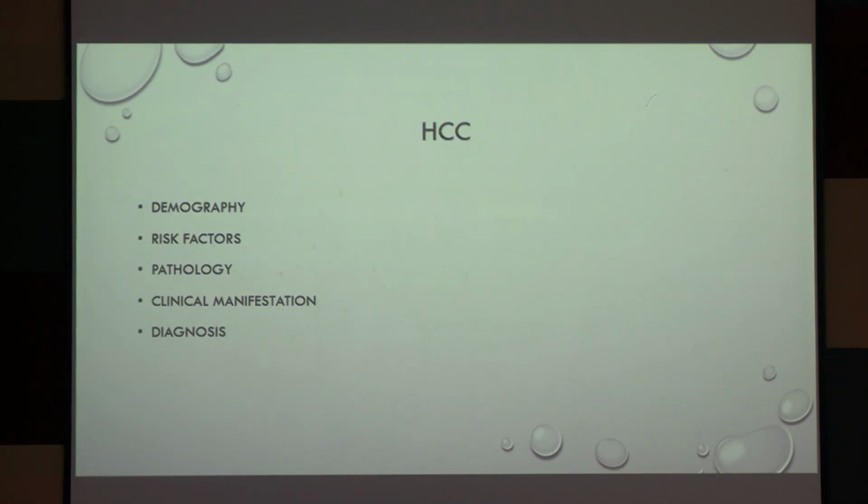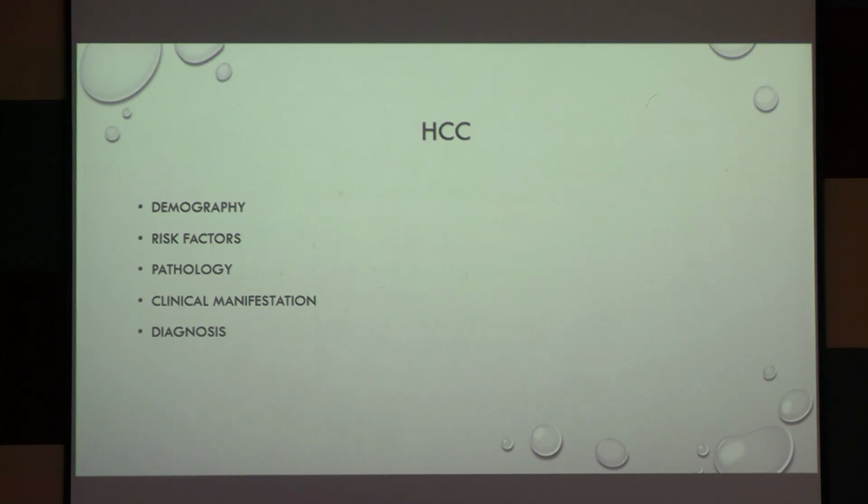So most of the hepatocellular carcinoma, that is 85% of the patients of hepatocellular carcinoma, develops in a diseased liver. And the disease is usually cirrhosis of the liver from any cause. But on the other side, what percentage of cirrhosis patients will develop hepatocellular carcinoma?